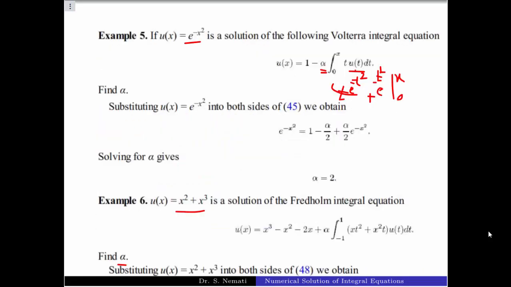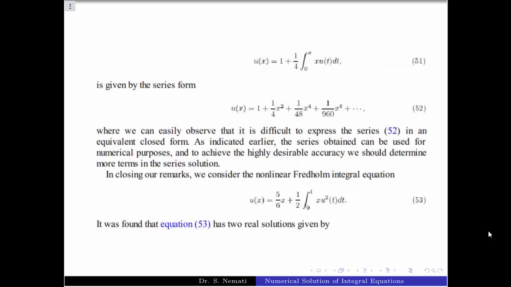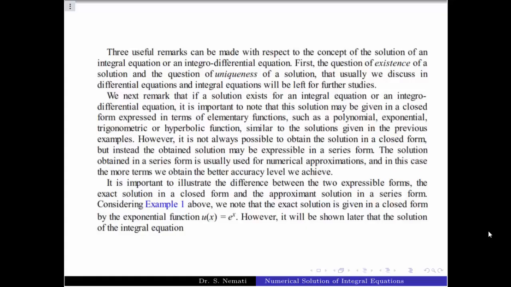And finally, let me bring the... it seems that I misplaced a section or a part. Let me check. Yeah, it seems that I forgot to bring one page from the book to the slide.